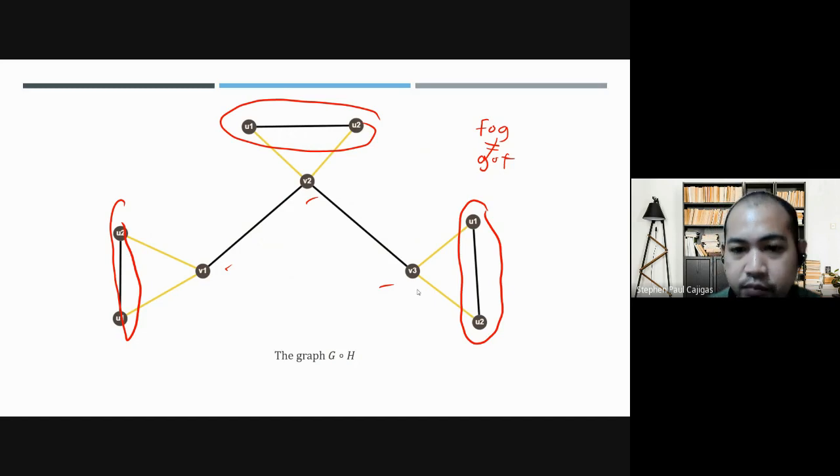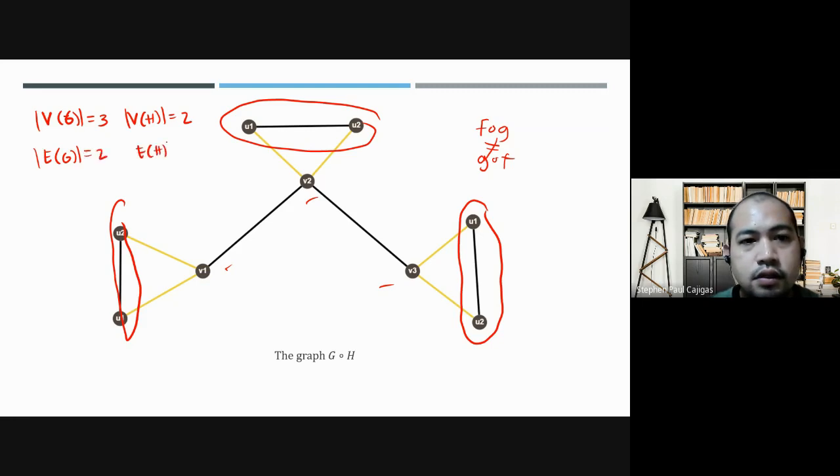Sige, let's have example 1 diretso or example 6. So the vertex of G, the order is 3 and H is 2. And then the edges of G was 2. The edges of H was 1.